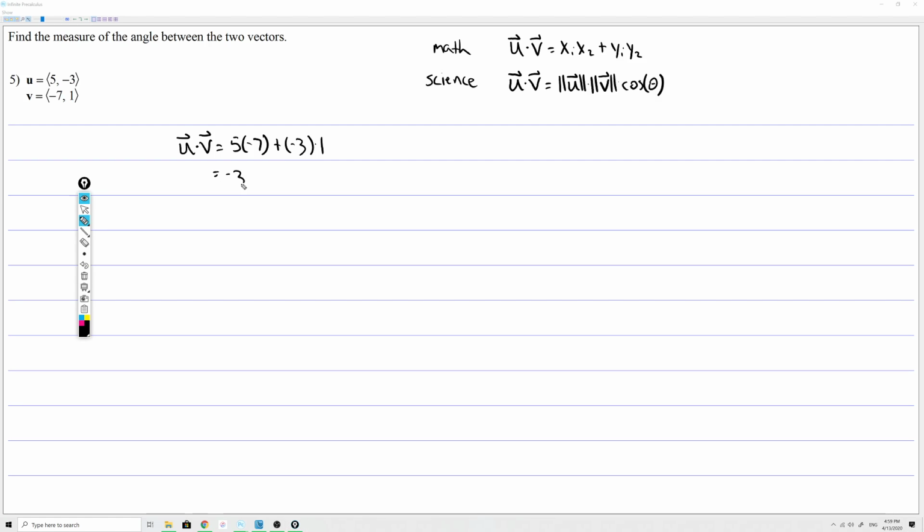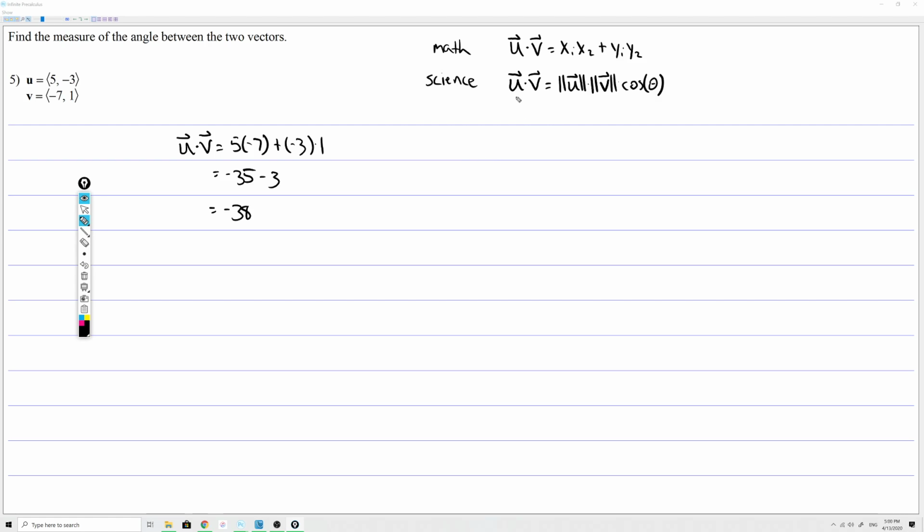So that's negative 35 minus 3, which is negative 38. So that's the dot product. And when you're new to the dot product, you look at this number and you say, what in the world does this number mean? I have no idea. How is that related to these two vectors? It's not until you compare and contrast it with the second definition of the dot product that you can start to get a sense for what it means.